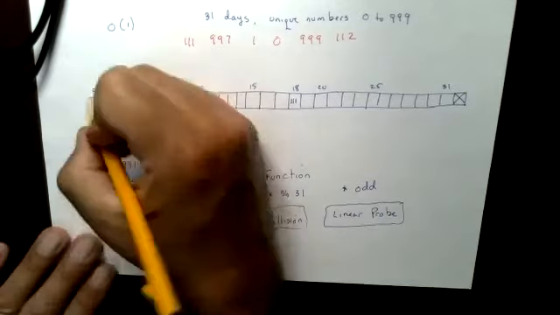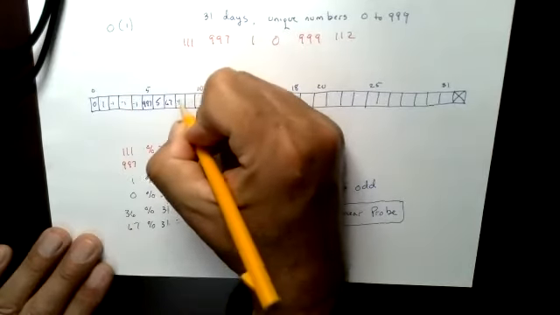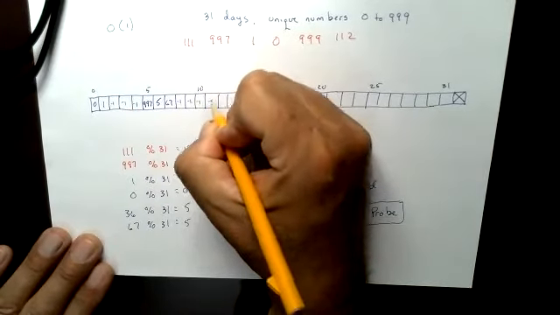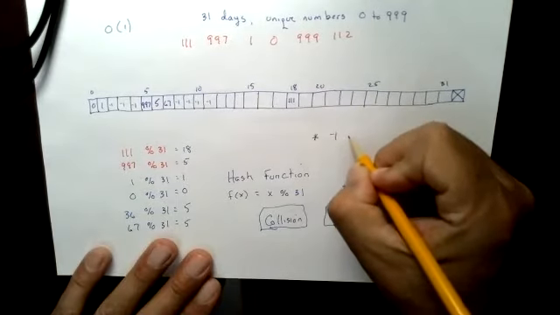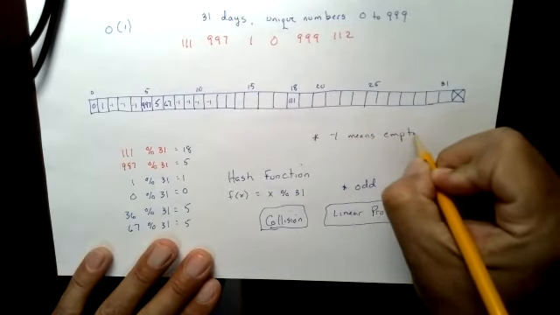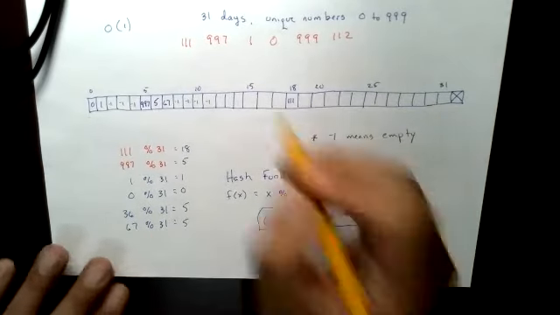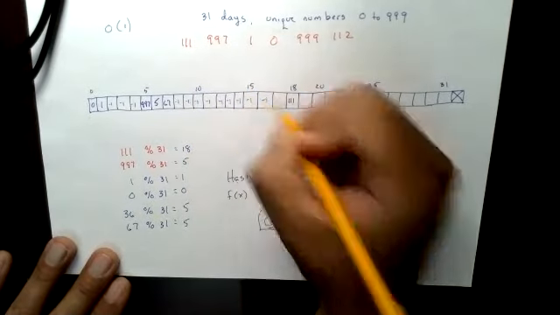Negative 1. So first thing I'm going to do is fill everything with -1, so that -1 means empty. I would go through and fill everything with -1, -1, -1, -1.